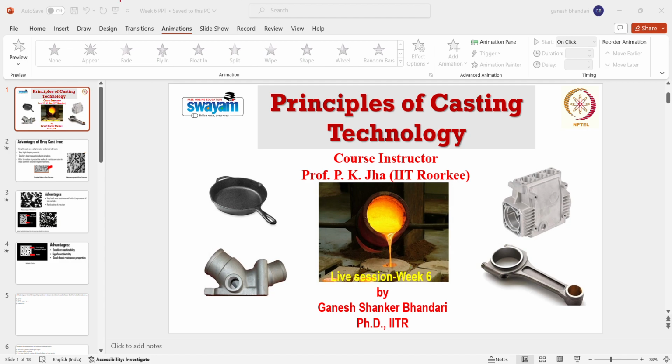Yes, that is basically eutectoid steel, at 0.8% carbon and around 725 degrees Celsius. At that temperature, your pearlite is going to convert into the austenite phase.